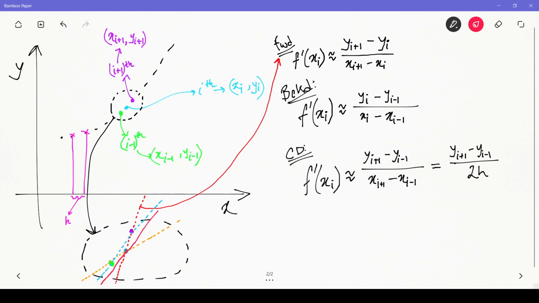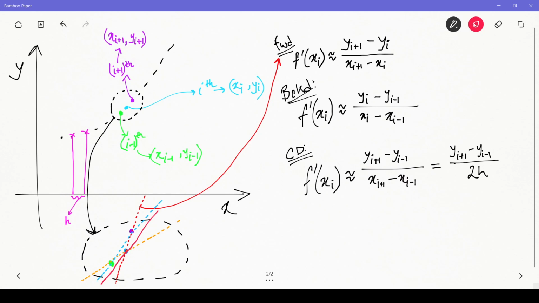Visually we can interpret it, because the blue colored dotted line that I have drawn has roughly the same slope as the actual first derivative of the unknown function at the given blue colored point.